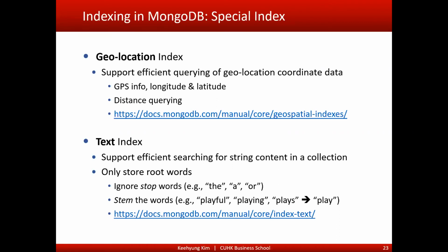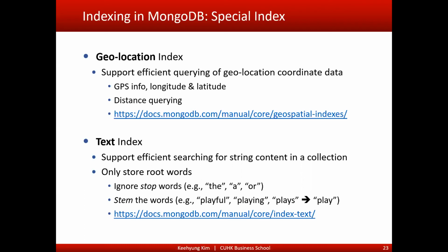You have to write code to provide the search option to the user. However, in MongoDB there is a text index. If you simply make a text index, MongoDB will provide search functionality by default through the index. This is really powerful and can save a lot of time when you develop applications in the real world.